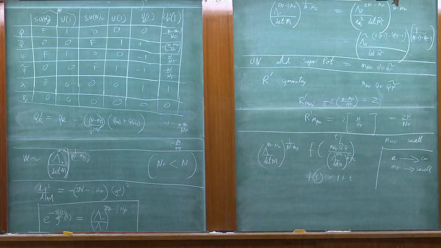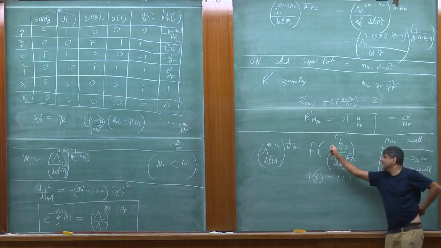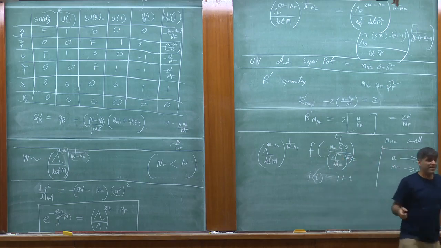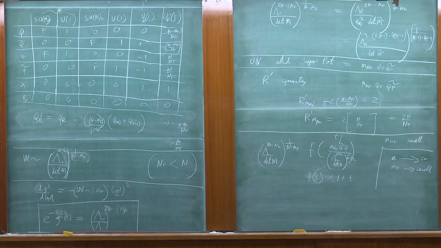I know this is a slightly slippery argument, but I think it's correct. Now the point here is that this function was an analytic function of its variable. So if you can get the form of this function by looking at any limit, you've got the function.